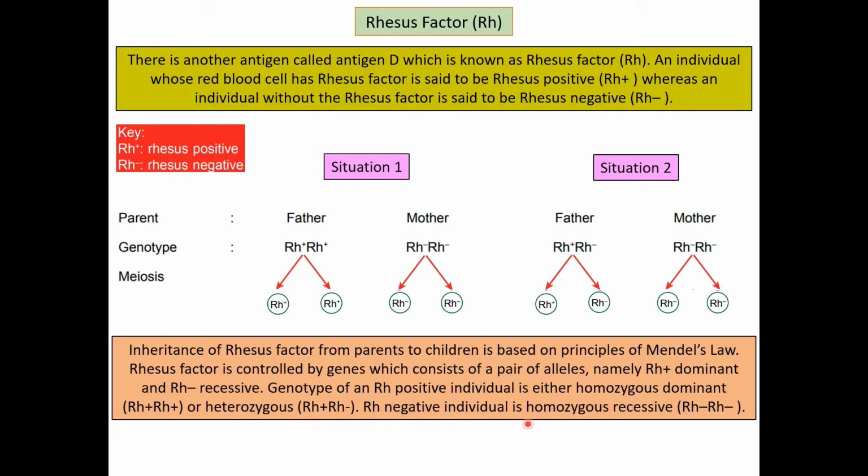A rhesus negative individual is homozygous recessive. So both are Rh negative, this is homozygous recessive. This is heterozygous because one is positive, one is negative. This is homozygous dominant because both are rhesus positive.